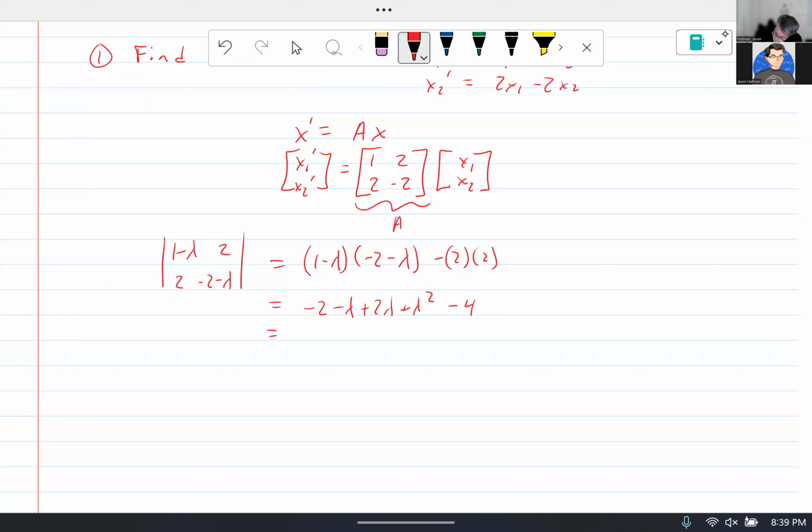Okay, and this is going to be equal to lambda squared plus lambda minus 6. And I can factor that into lambda plus 3 and lambda minus 2. So that gives me lambda equals negative 3, after I set this equal to 0. And lambda is equal to 2.